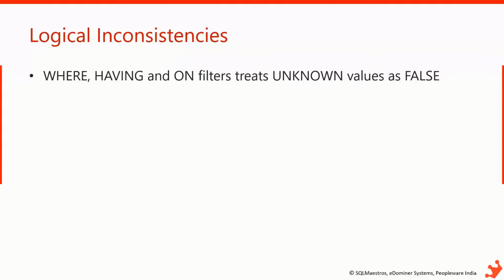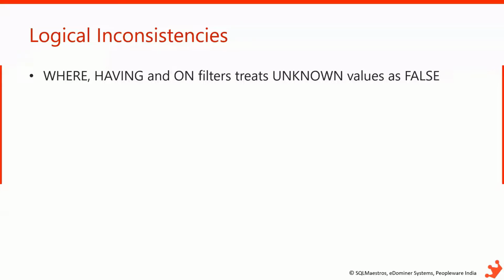all query filters such as where, having, and on treat unknown value as false. What do you mean by that? So that means for any row, if the where predicate encounters an unknown value, it is treated as false.